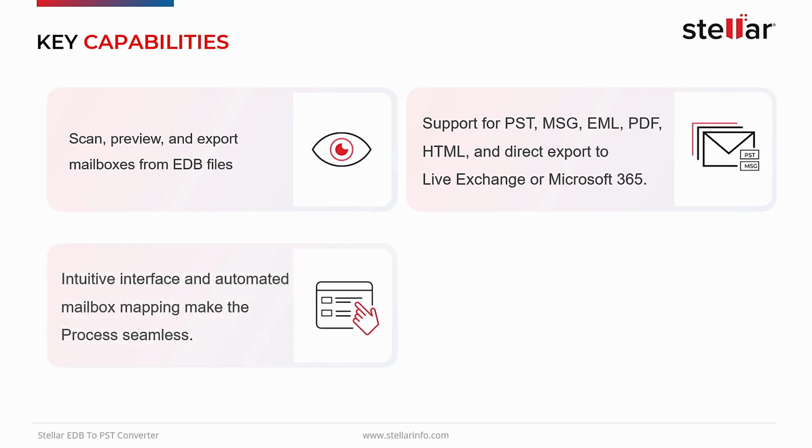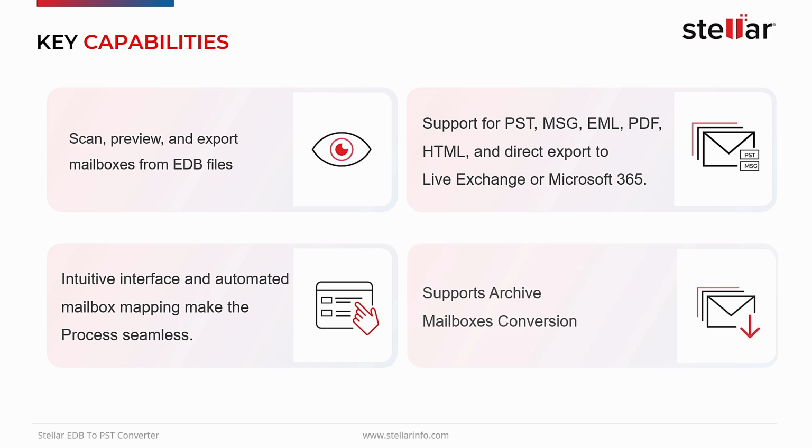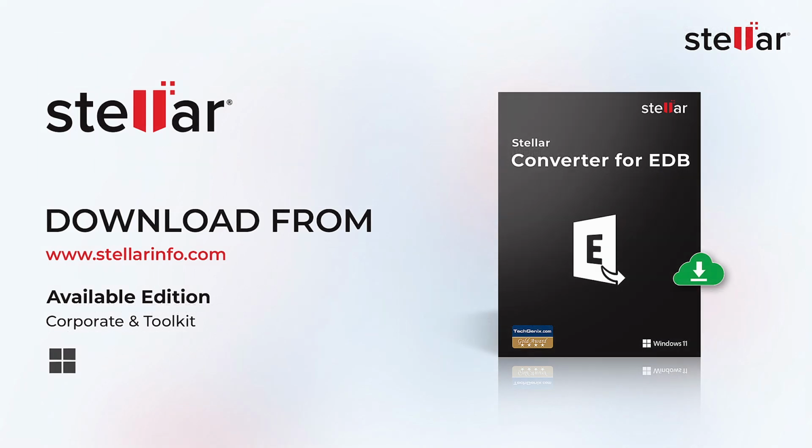The intuitive interface and automated mailbox mapping make the process seamless, even for complex environments. Supports archive mailboxes conversion. With its powerful features and ease of use, Stellar Converter for EDB stands out as a trusted tool for Exchange admins and IT professionals.